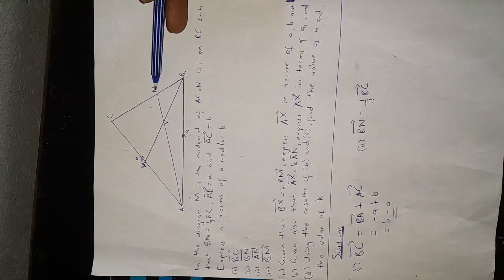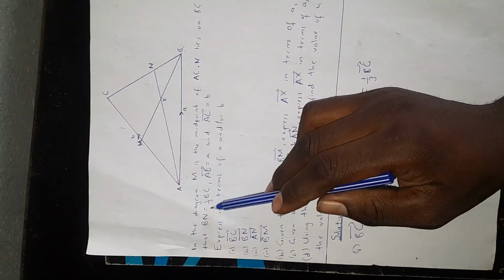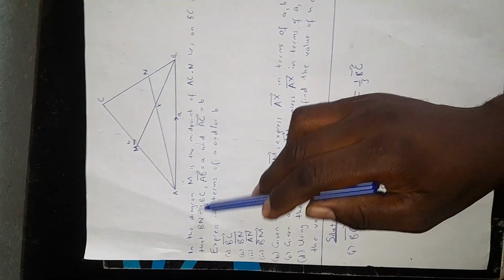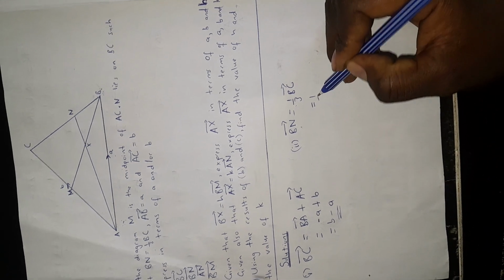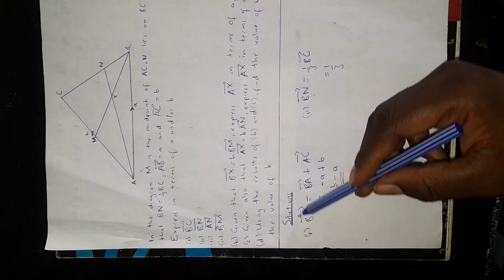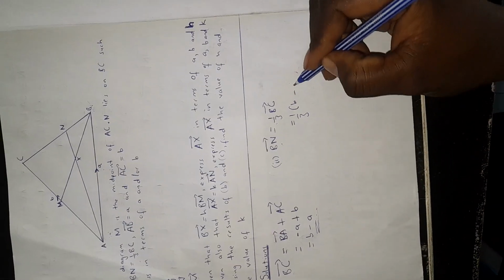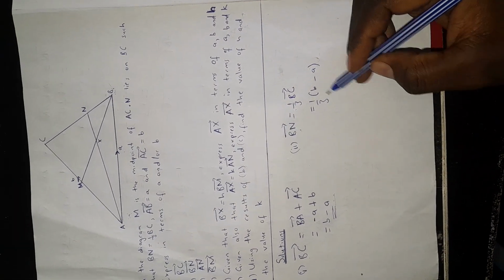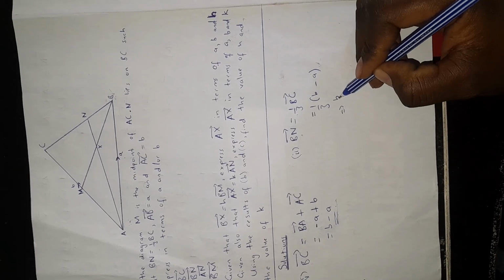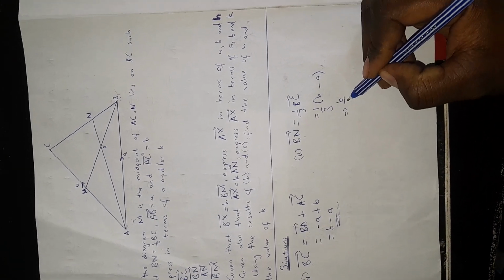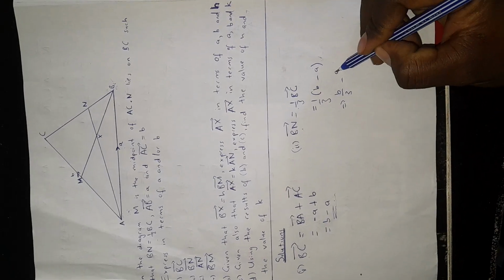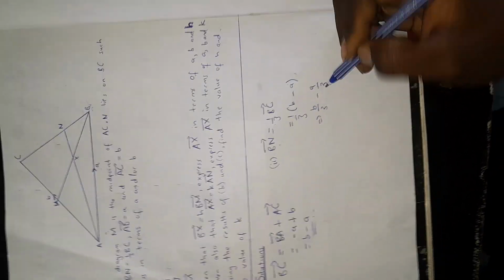So you are supposed to find BN, and we already have an expression saying BN is equal to 1 over 3 BC. We've already calculated BC, which is B minus A, so you just substitute B minus A. Then you break the bracket, and the answer will be B over 3 minus A over 3.